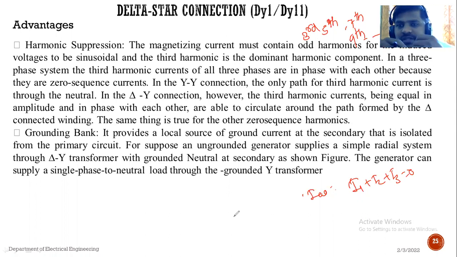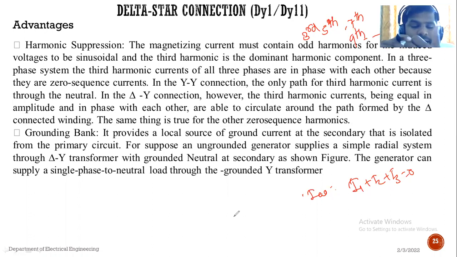Okay, so star connection मध्ये third harmonic current is equal in amplitude as well as phase with each other, so it will circulate or create one path which is formed in the delta connected winding, and the same thing is true for other zero sequence harmonics. Other जे काय zero sequence harmonic असतील त्याच्यासाठी same things will be applied.